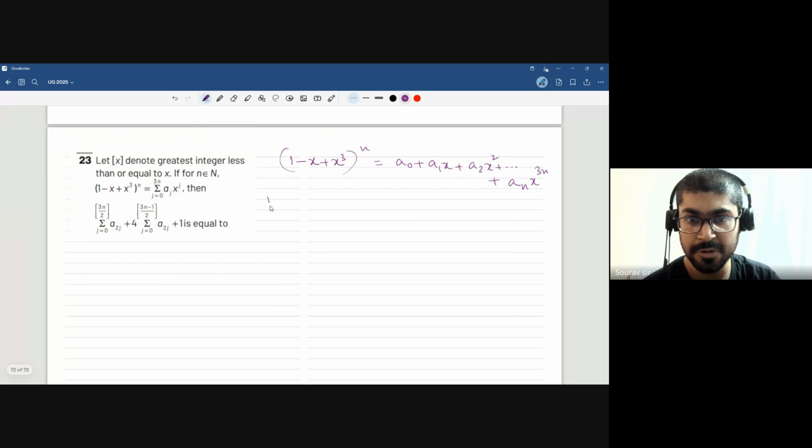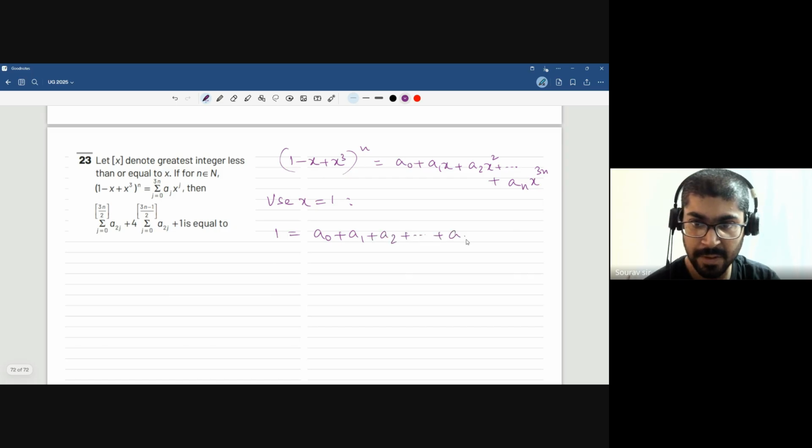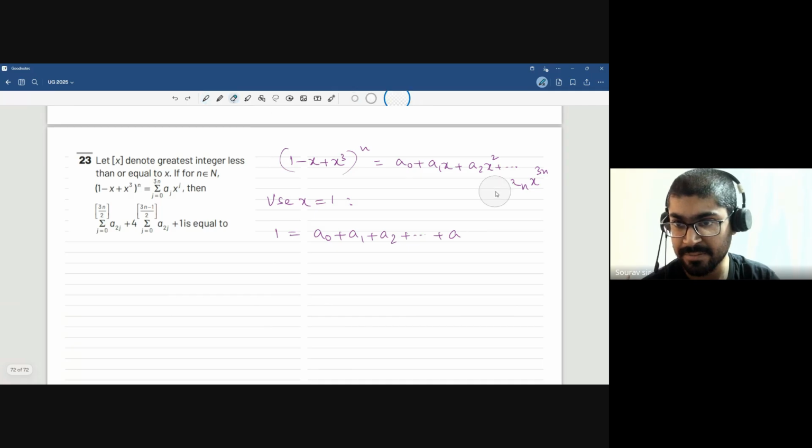So use x equal to 1. At x equal to 1, you have 1 is equal to a0 plus a1 plus a2 plus dot dot dot plus a3n, because we have 3n terms.